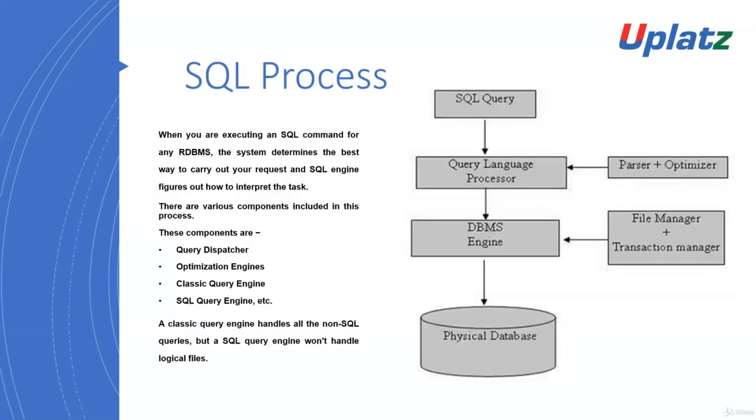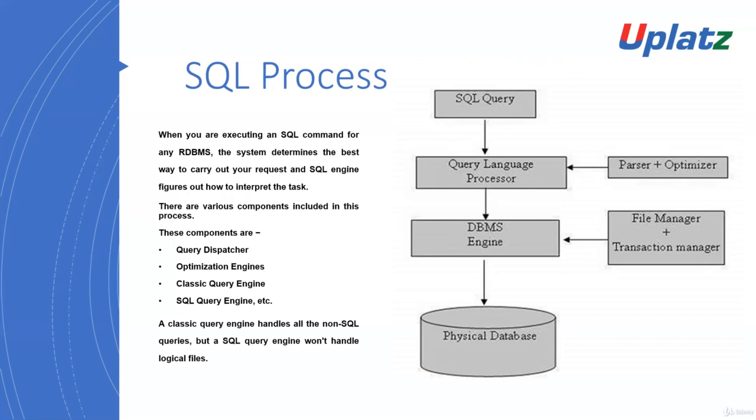Moving to the next, now the SQL process. Now we have understood what SQL is, we have understood database, we have understood RDBMS. Now let us try to visualize how our SQL query is going to be performing inside the system. When you are executing an SQL command for any RDBMS, the system determines the best way to carry out your request, and the SQL engine figures out how to interpret the task.